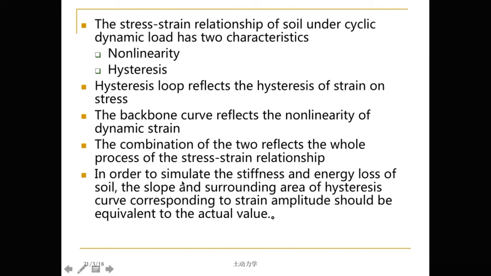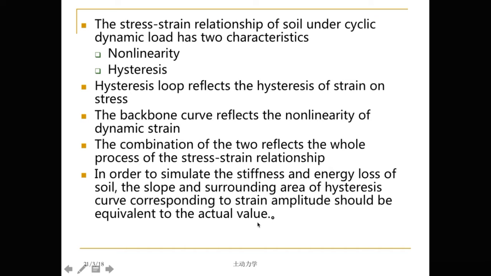In order to simulate the stiffness and the energy loss of the soil, the slope and the surrounding area of the hysteresis curves corresponding to strain amplitude should be equivalent to the actual value.